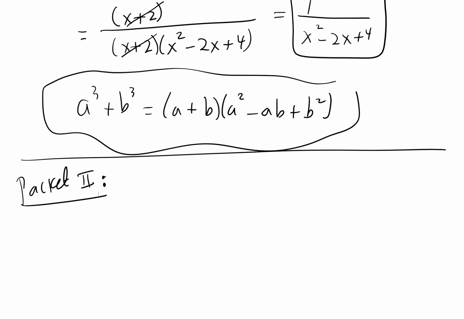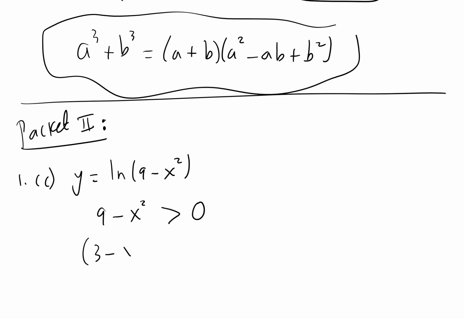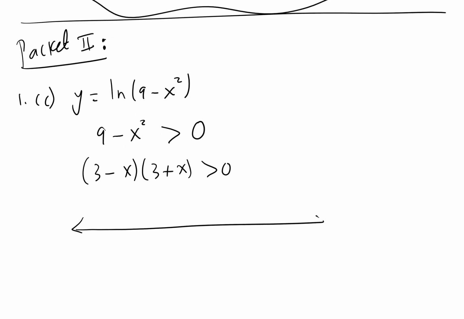Okay, 1c first. Find the domain for this function, natural log of 9 minus x squared. To do so, this thing should be bigger than 0. So 3 minus x, 3 plus x, bigger than 0. Then you have to use the number line, -3 and 3.